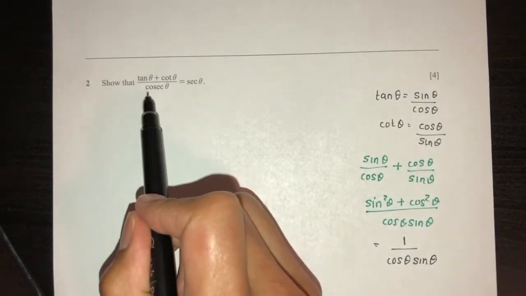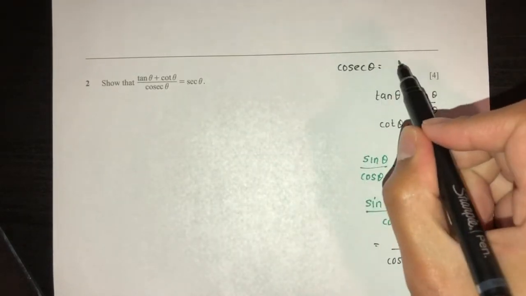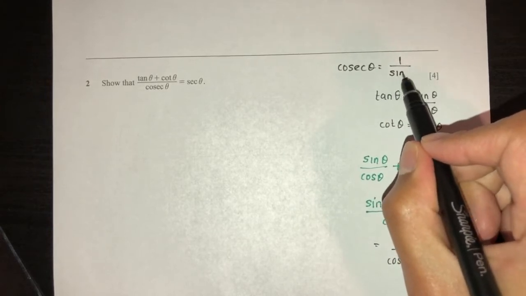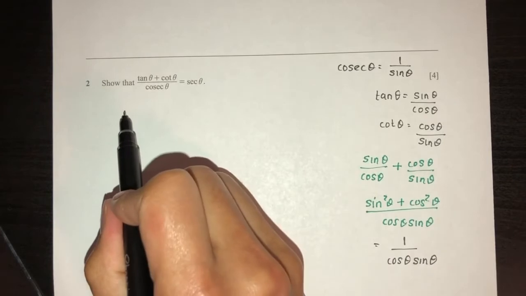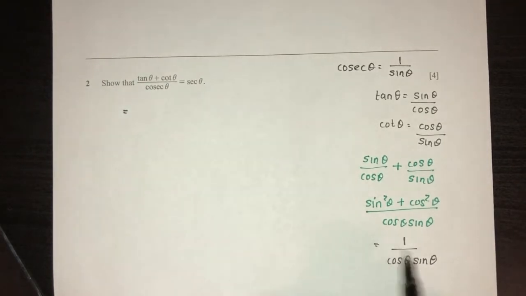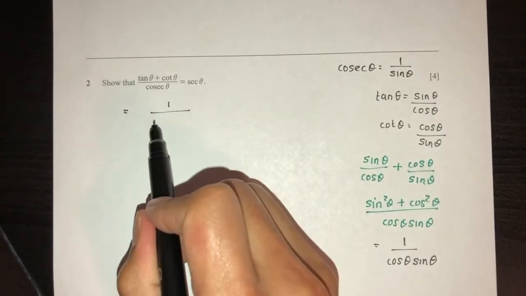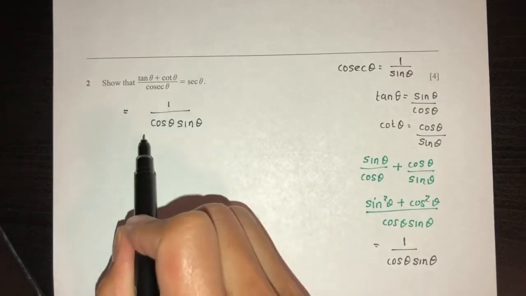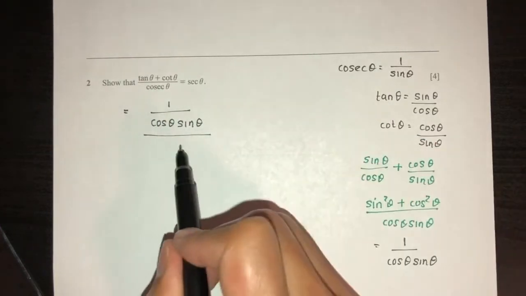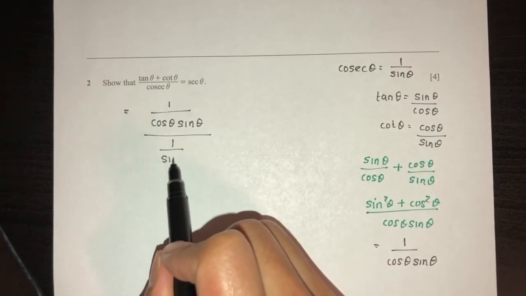Now what is cosec? Let's write down cosec. As you guys must know by now, cosec theta is 1 over sine theta. Now let's replace everything back in your equation. On top you will have 1 over this, and divide by cosec, which is 1 over sine theta.